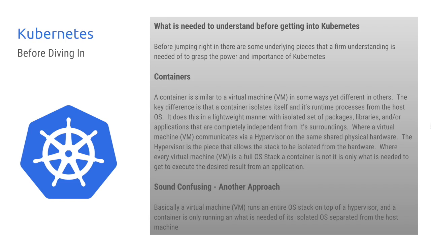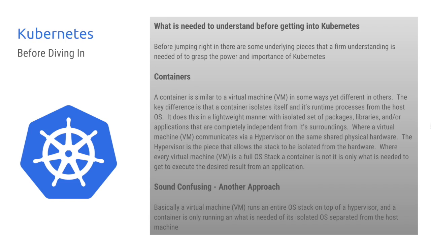This is cumbersome to manage sometimes when doing large deployments because the VMs take a long time to spin up. Whereas the container is a little more lightweight, so we're isolated to just a set of packages and libraries or the application, and it's completely independent from its surroundings or its host OS as well.